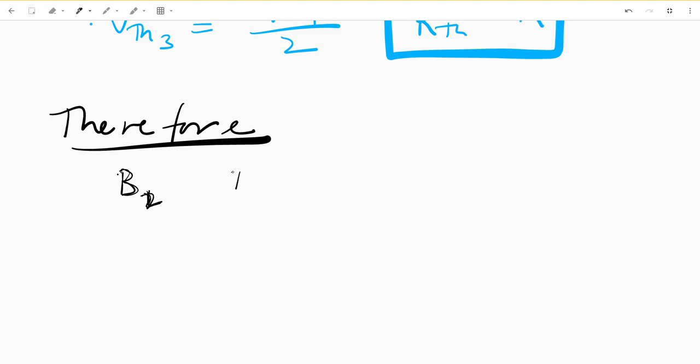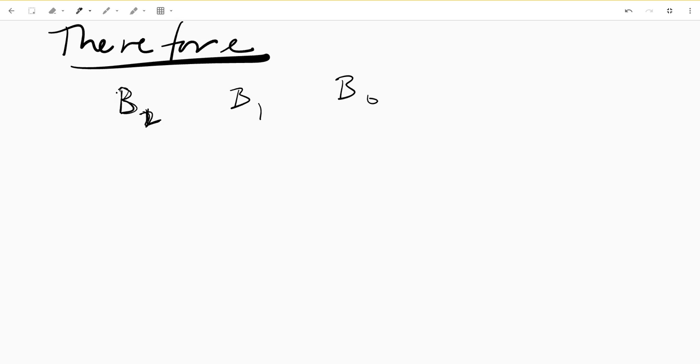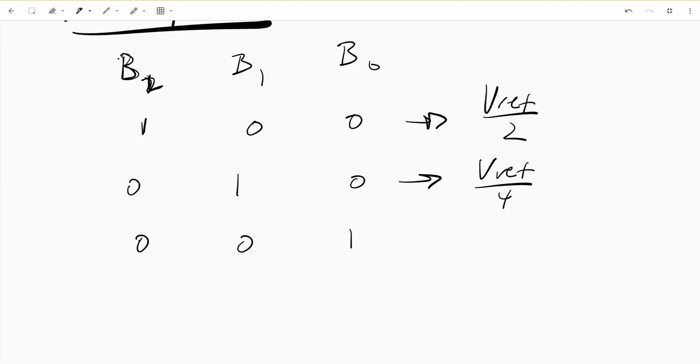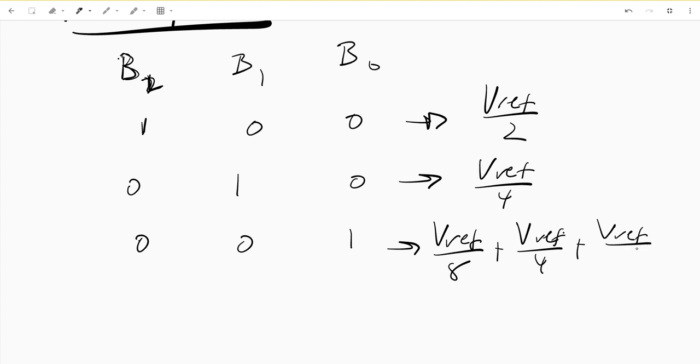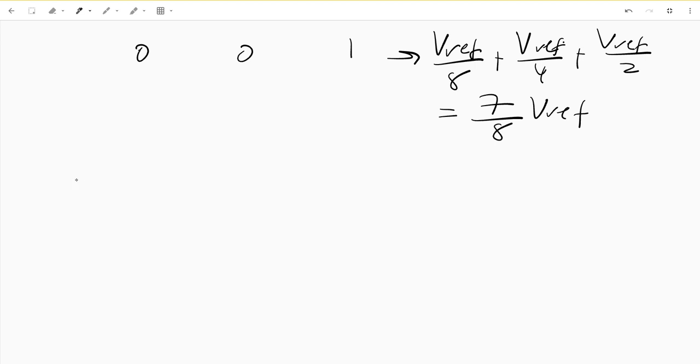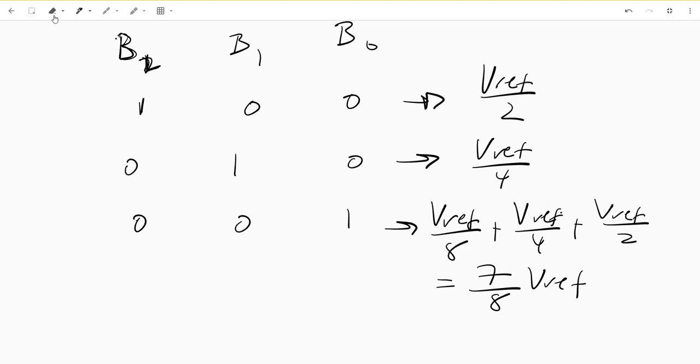If we have a table B2, B1, and B0, so a 3-bit input, 1 0 0, 0 1 0, and 0 0 1, we've proved that this is Vref over 2, this is Vref over 4, and this is Vref over 8.